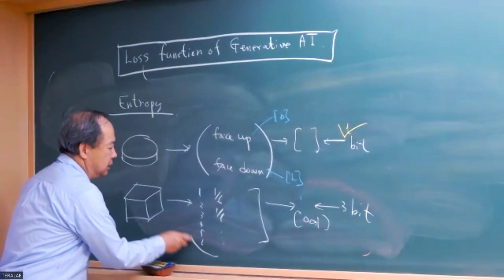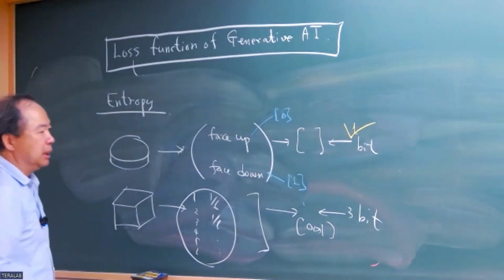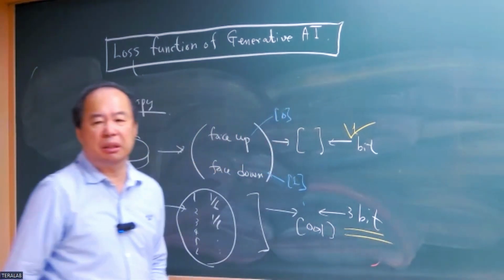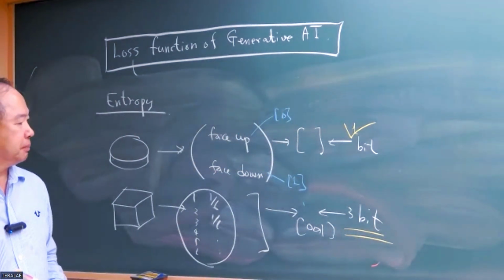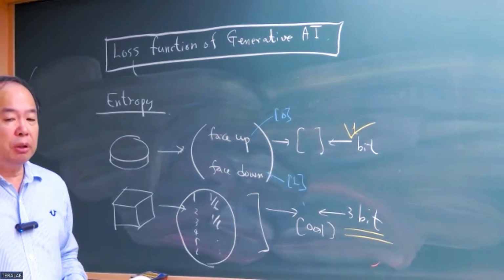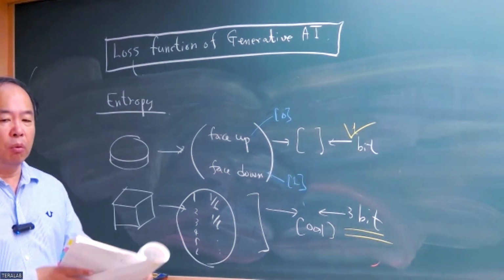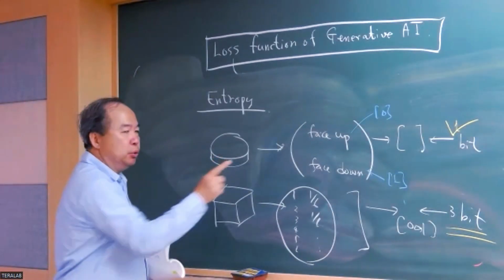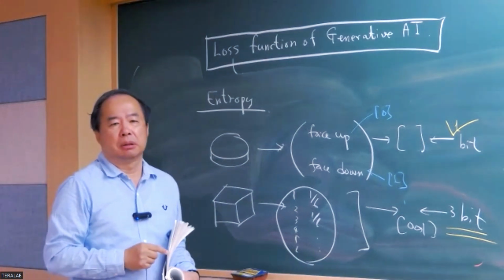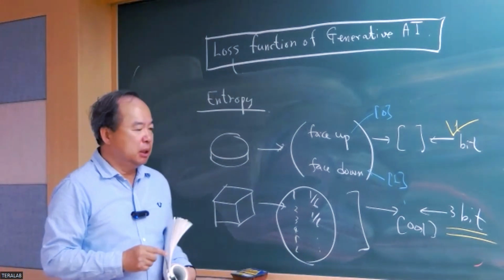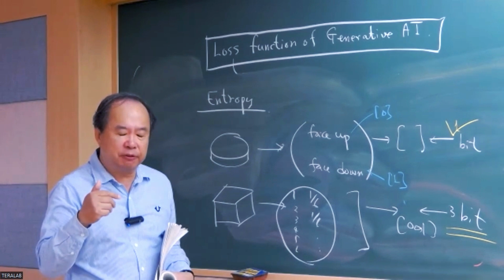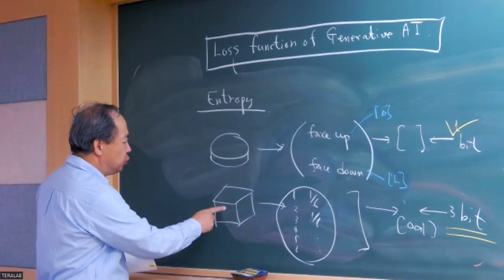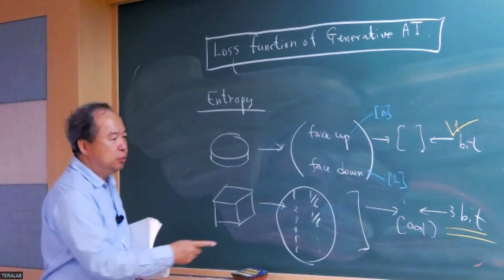All the 6 states of your cube can be represented by 3 bit digital information. If your computer wants to store the status of your coin, you need just 1 bit of memory. If your computer has to store information about your cubic status, you need 3 bits.